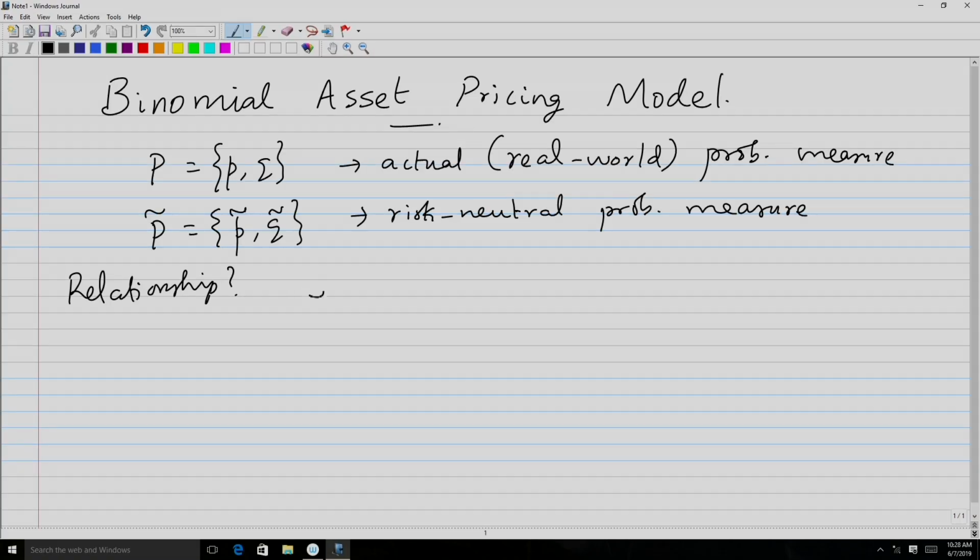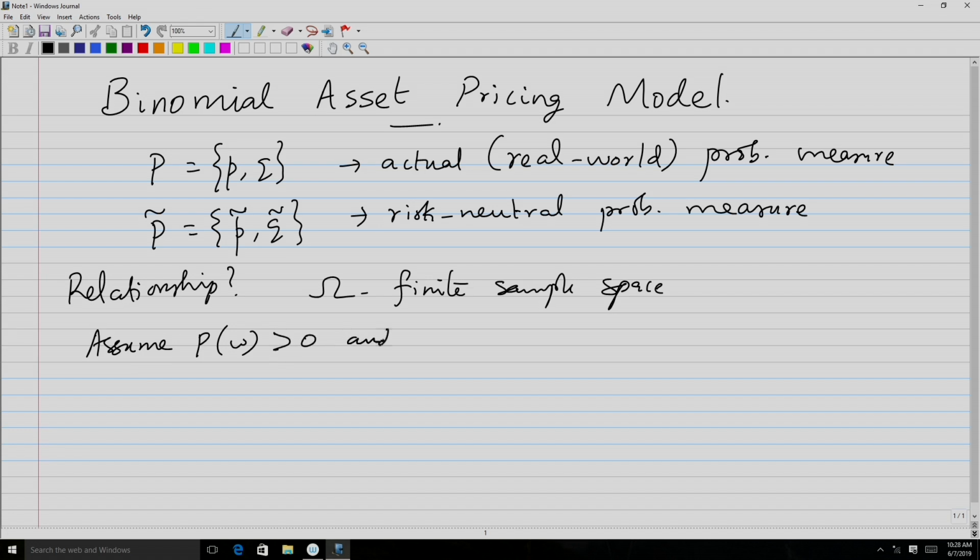In the general case, we have a finite sample space, and assume that there are two probability measures, p and p tilde, and both give positive probability to each omega in the sample space.